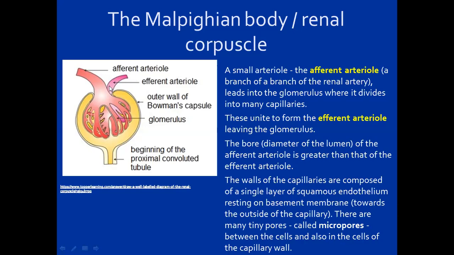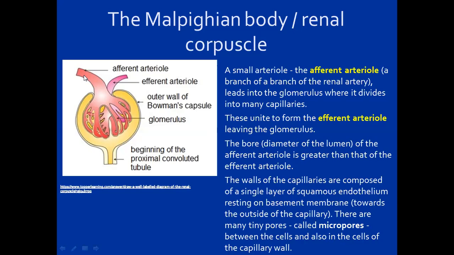Now, this is critical. The bore, and that means the diameter of the lumen. Now, we've discussed lumen before. So the diameter of the lumen, the correct scientific term for that is bore. And the bore of the afferent arteriole is greater than the bore of the efferent arteriole.